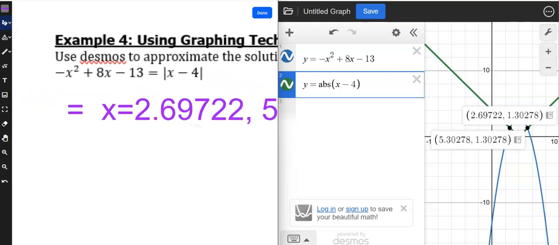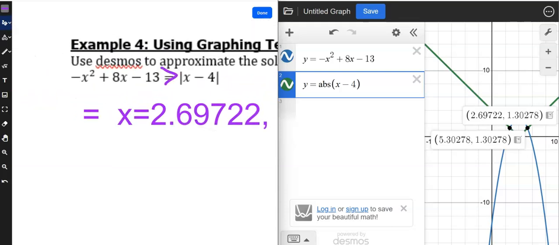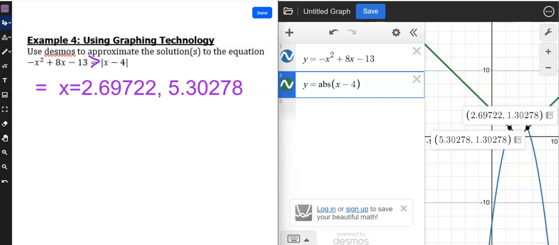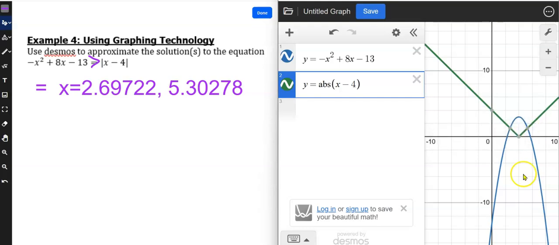All right. But let's just say, for fun, let's suppose I change this to greater than. Just greater than. So that means we want the parabola to be above. So let's go back and look at the picture here. We're talking about the parabola to be above. Now, isn't that just this section right here in the middle? That's the only part of the graph where the parabola is above the absolute value function.